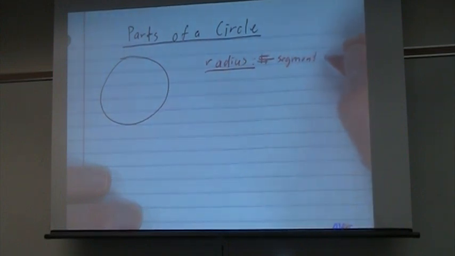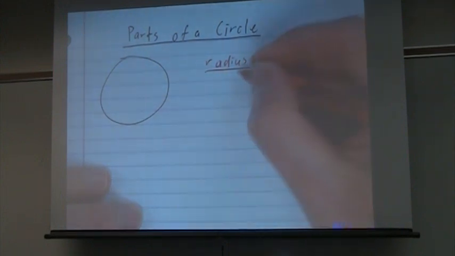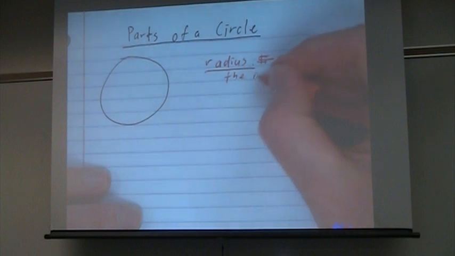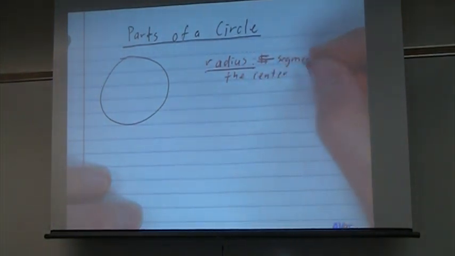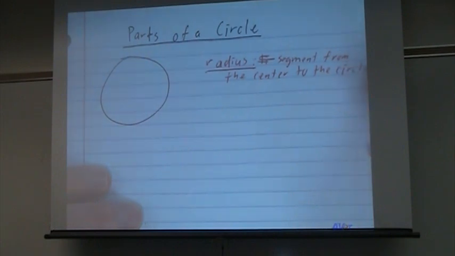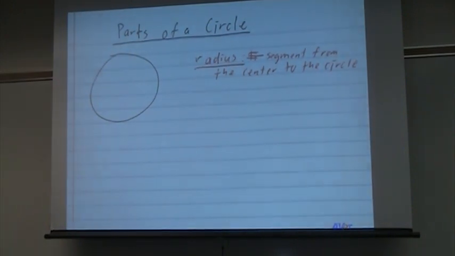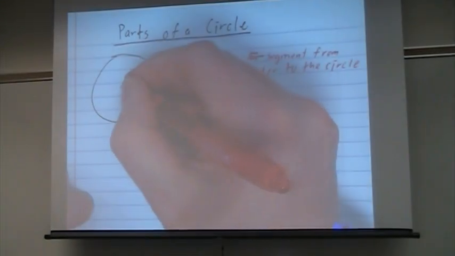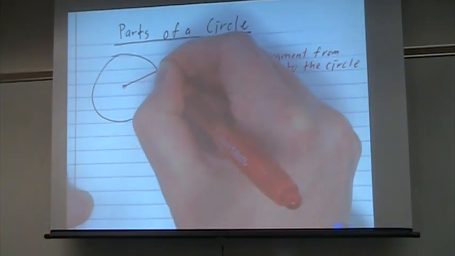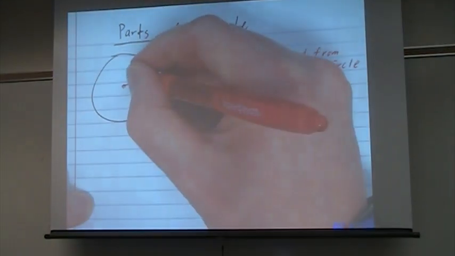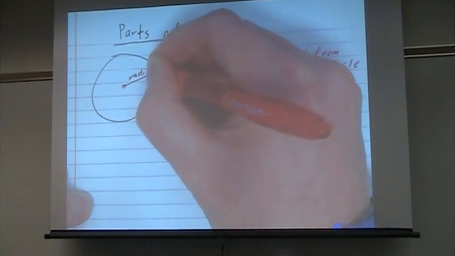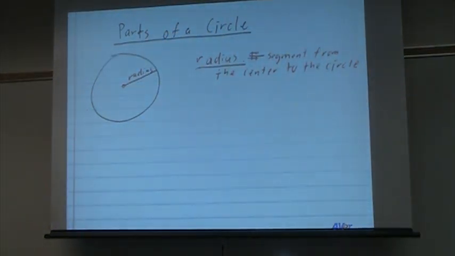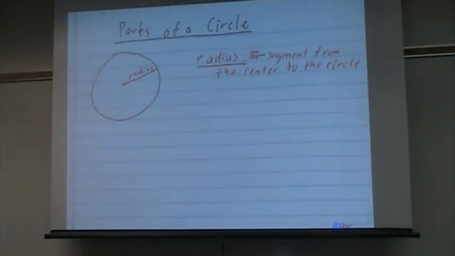Segment from the center to the circle. If this is our center, our radius is right there. We used that last chapter and the chapter before with our circle formulas and with our sphere formulas.